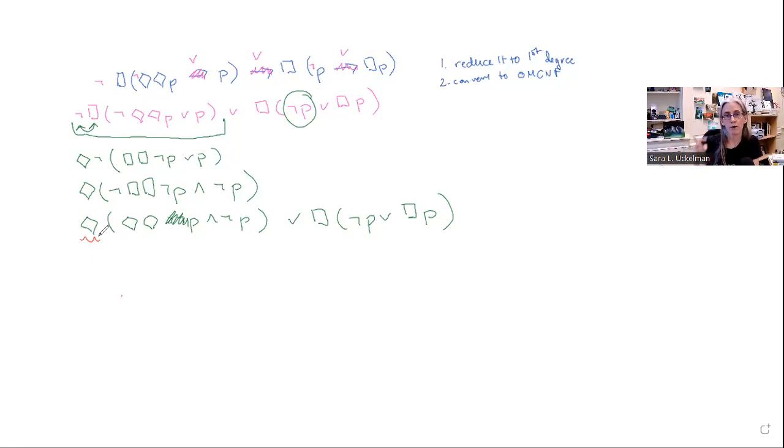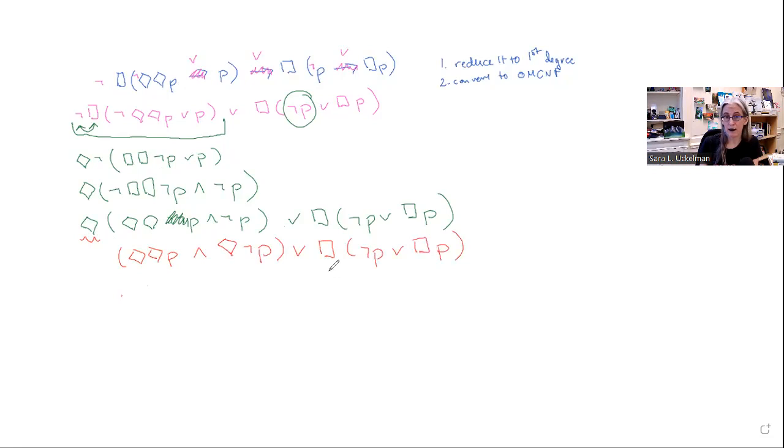However, you recall from the very useful S4 equivalences that I had, you can distribute a diamond over a conjunction when at least one of the conjuncts already has a modal operator. So this gets us possibly P and possibly not P, or necessarily not P or necessarily P.